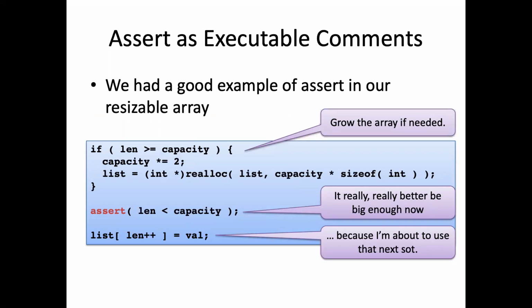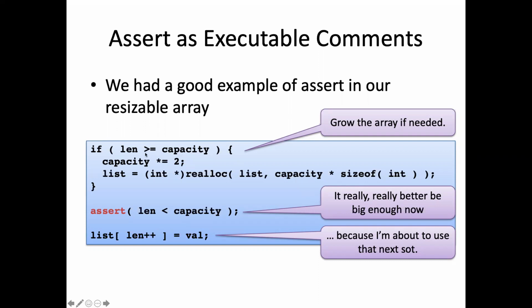It's in one of our earlier examples, but I didn't talk about it in that example because we hadn't talked about assertion yet. But if you look back at our examples, especially our earliest examples of a resizable array, we probably had code that kind of looked like what I'm showing here. If we were about to put something in a resizable array, we might check to make sure we had room for that thing.